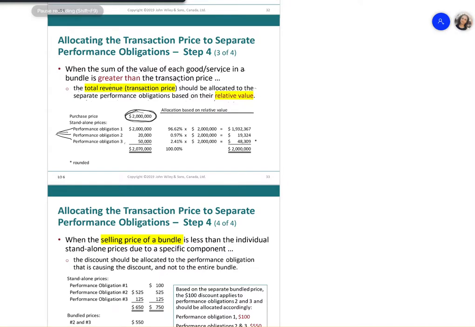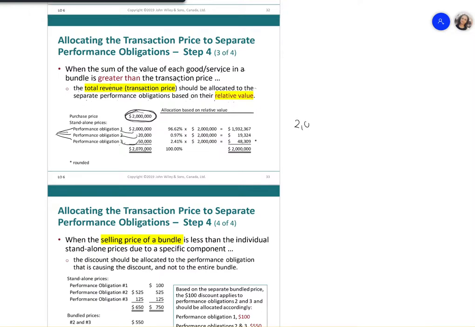First you need to calculate what the price would be if you were to sell each performance obligation on its own. The price of performance one will be 2 million, two will be 20,000, and three will be 50,000. Altogether it is 2,070,000.